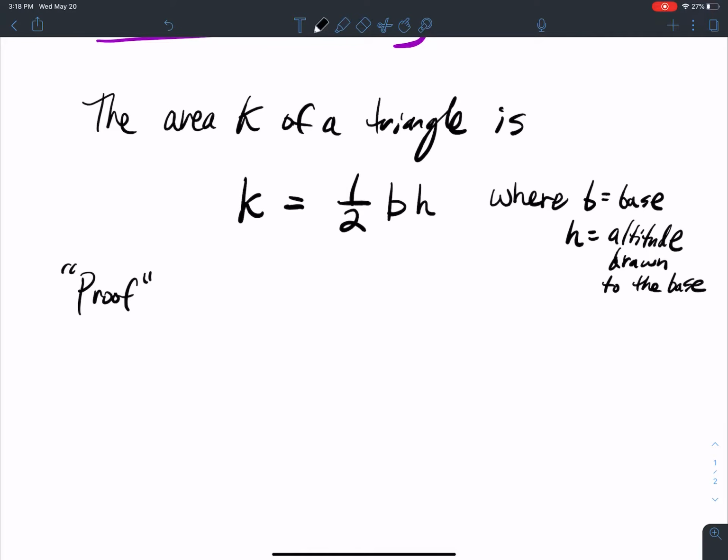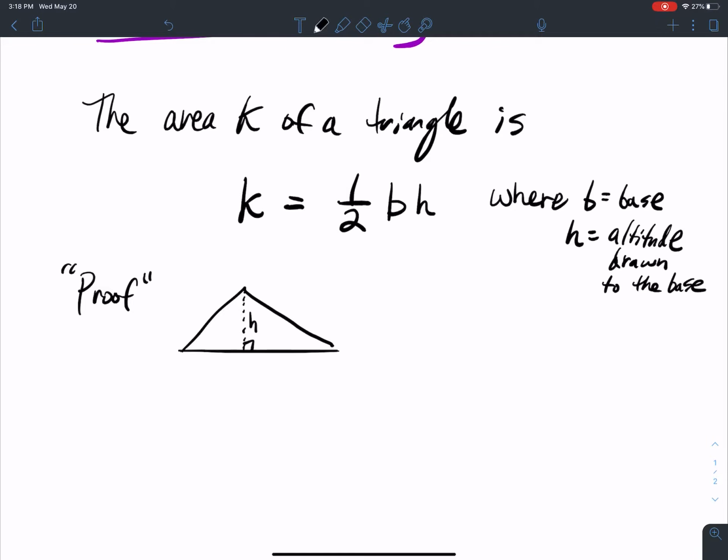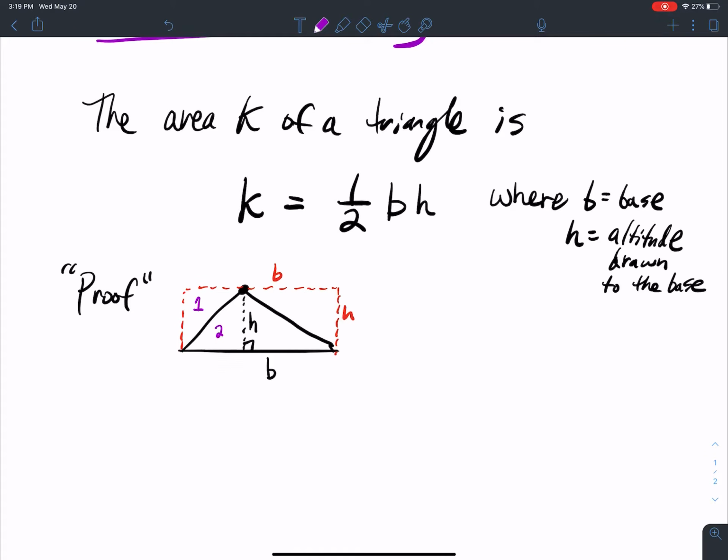Say you've got this triangle, and it's got some altitude perpendicular here from the highest point down to the base B. Around the triangle, let's construct a rectangle like this, with a height H and a base B. Now let's label these areas: area 1, area 2, area 3, and area 4.